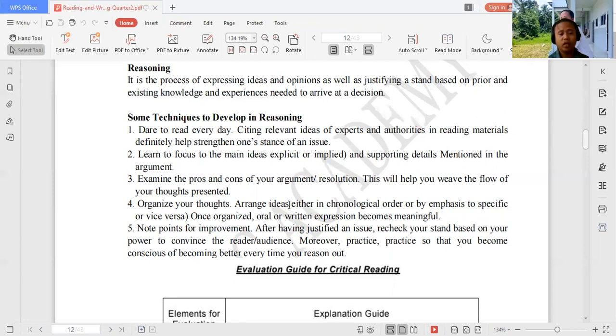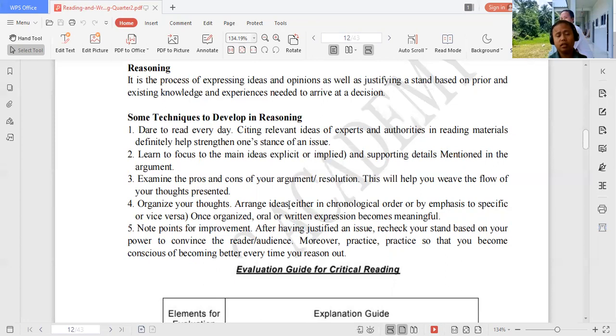Number five, note points for improvement. After having justified an issue, recheck your stand. Your stand is based on your power to convince. Of course, note points.